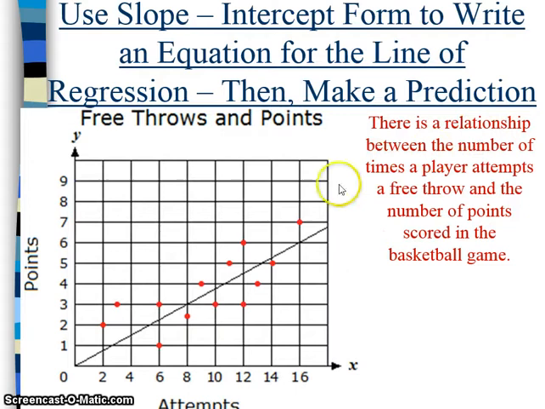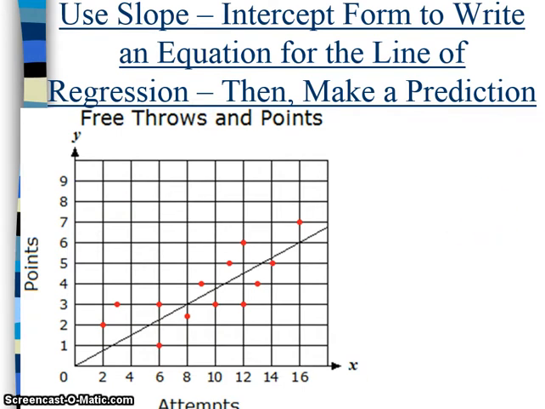This graph represents the relationship between the number of times that you attempt a free throw in basketball and the number of points scored in a basketball game. If we want to write an equation, we have those two options that we talked about.